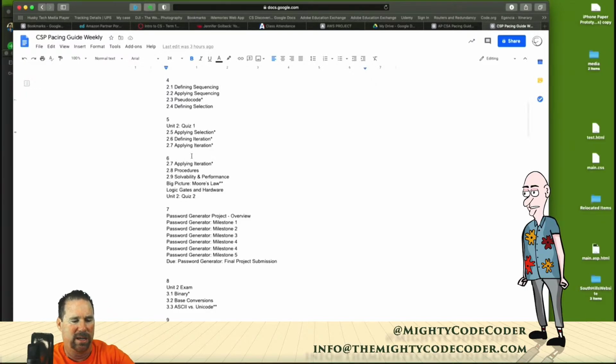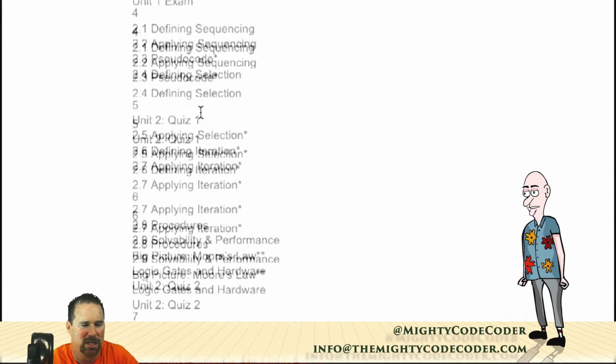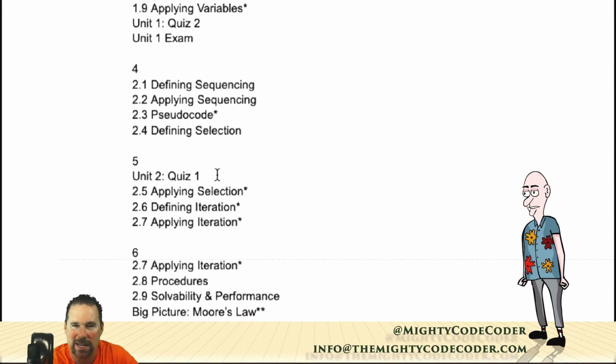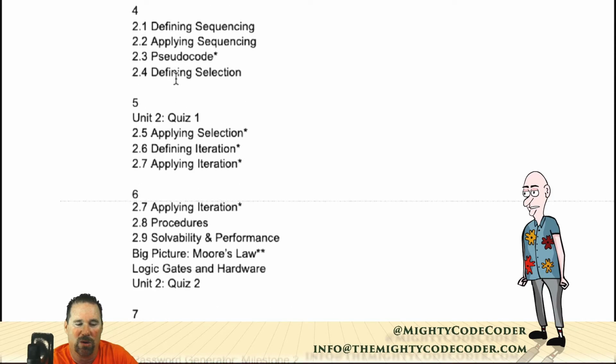Here's week 5. Remember you guys were doing iteration, and I'm sorry, you were doing, this doesn't look right either. You were doing sequencing and pseudocode, and that's how we got into the style tile and stuff in our AWS project. That was kind of neat stuff. But now this week you'll start with the Unit 2 quiz. It's a halfway point, I guess.